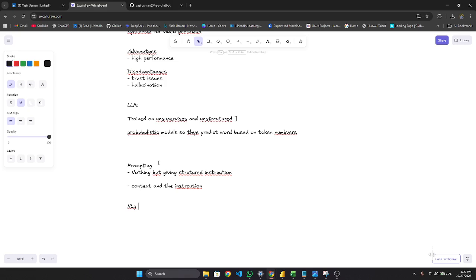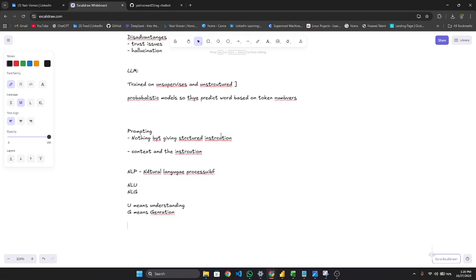NLP is natural language processing, and in NLP we have NLU and NLG. U means understanding, which is the first part, and G means generation, which is the second part.